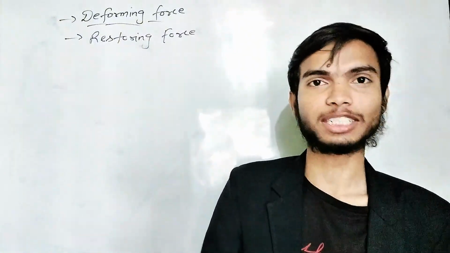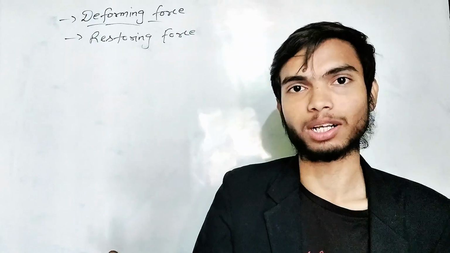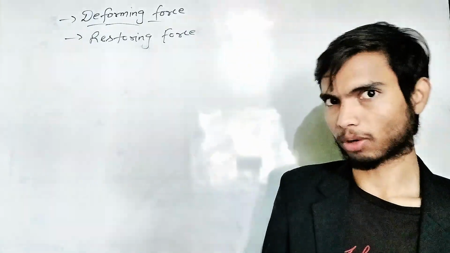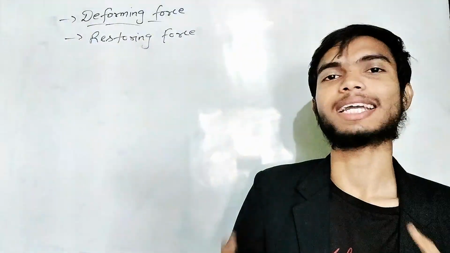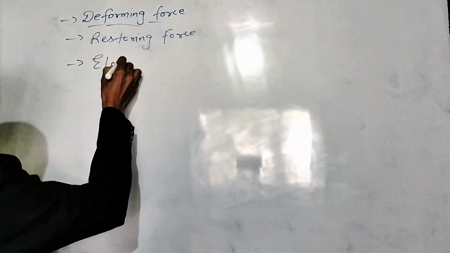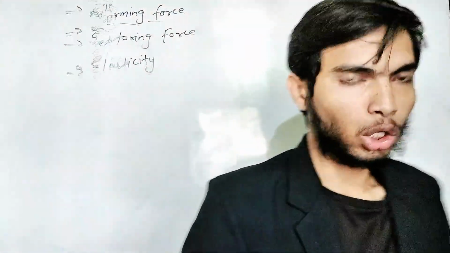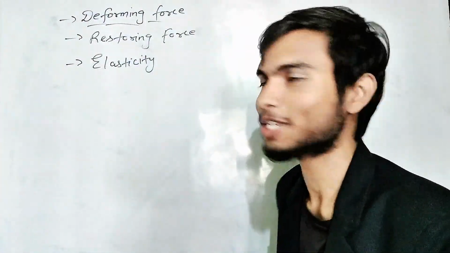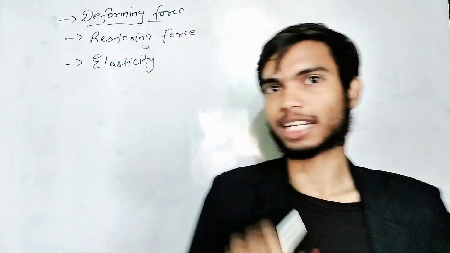But right now, just understand that restoring means the body is restoring its original configuration. After this, we are able to understand the word elasticity. Two words were compulsory to understand elasticity. Now try to understand what elasticity is.